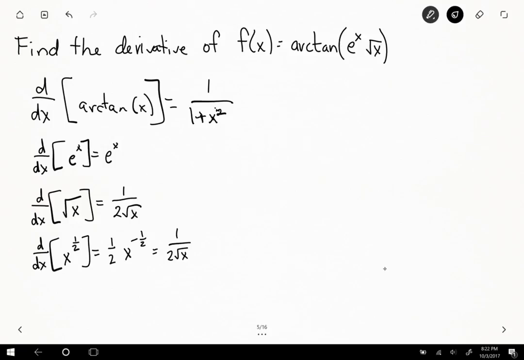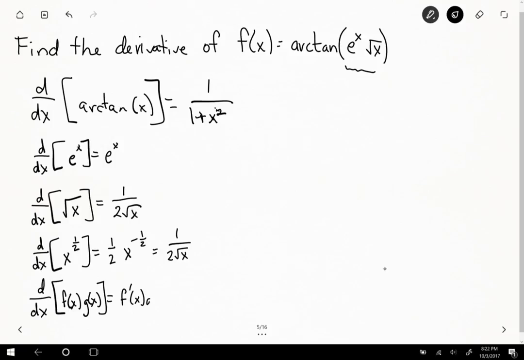And then the one last piece that we're going to need to use here, notice that when you have an e to the x and a square root of x, we're taking a product of two functions. So that tells us that we are going to need to use a product rule. So the derivative of f of x times g of x equals f prime of x times g of x plus f of x times g prime of x.